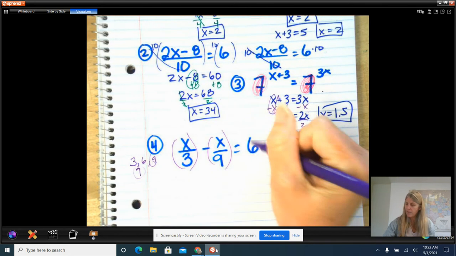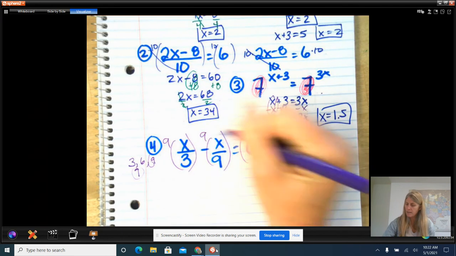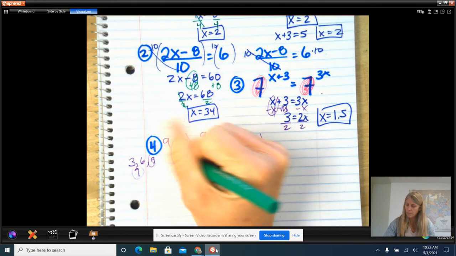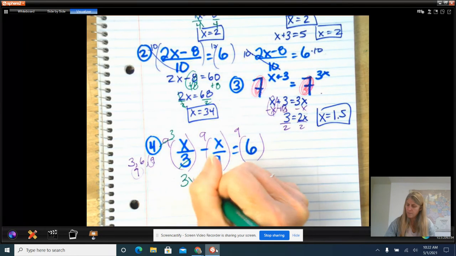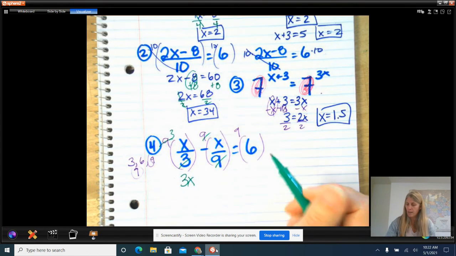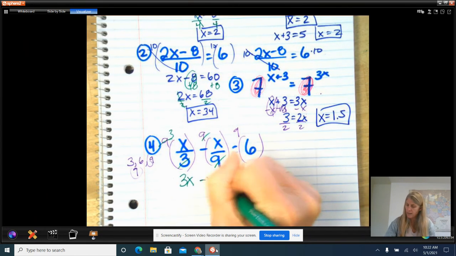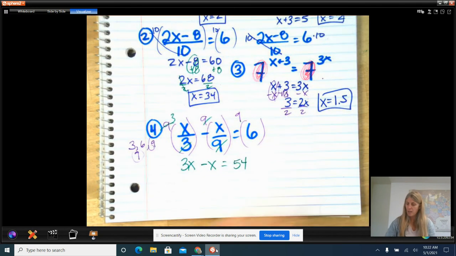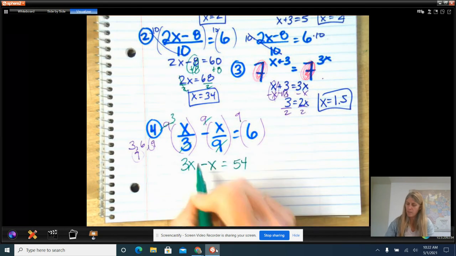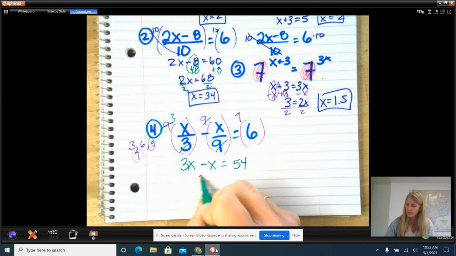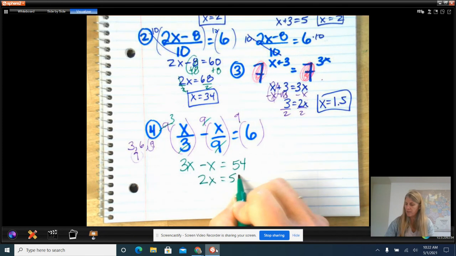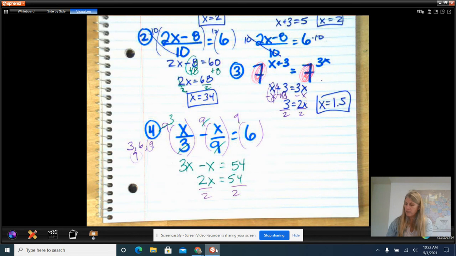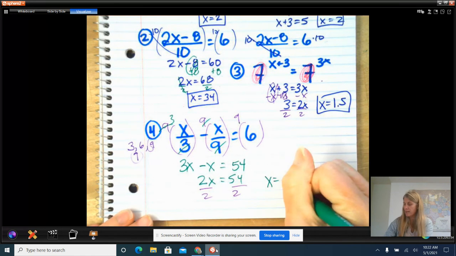We're going to multiply everything on both sides by 9. 3 goes into 9 3 times, that gives me 3x. 9 goes into 9 once, so that's minus x. And 9 times 6 is 54. We're going to combine like terms: 3x minus x is 2x is equal to 54. Divide both sides by 2, and x is equal to 27.